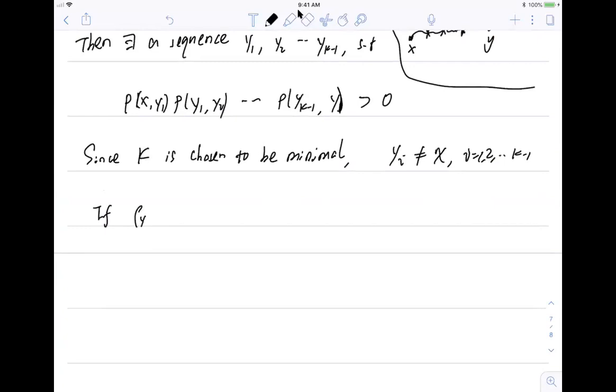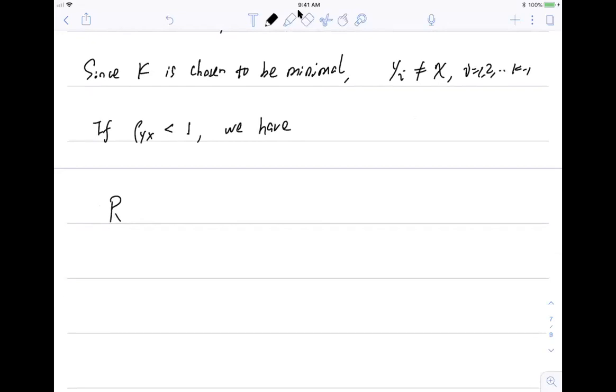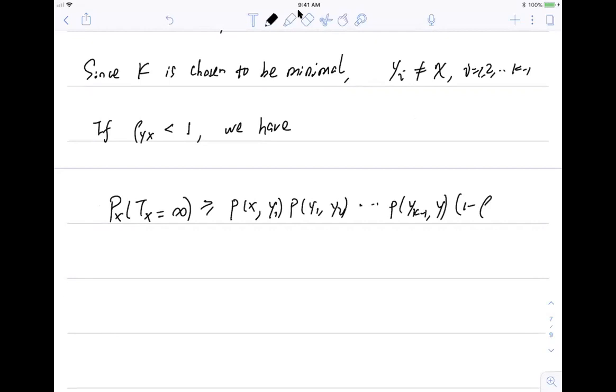So now we write a formula to make the picture rigorous. Since rho yx, from y to x, is less than 1, so from x, T_x equals infinity, right? From x you cannot reach x. So this event in particular contains the following. First, we move from x to y1, then from y1 to y2, etc., and we move from y_{k-1} to y. Then there is a certainty that from y you cannot reach x in finite time.